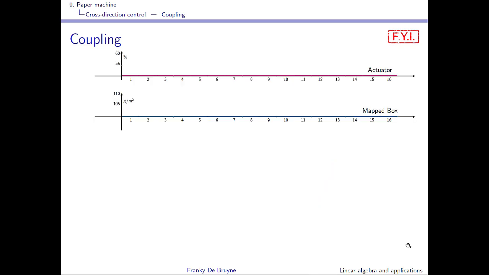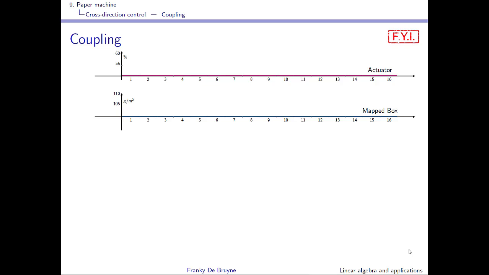Well, if you want to take the coupling effect into account, you will have to quantify it and construct what is called a coupling matrix. So you put every actuator on a fixed value. Here it is 50%, and in this case there are 16 actuators, and then you wait until you have steady state.